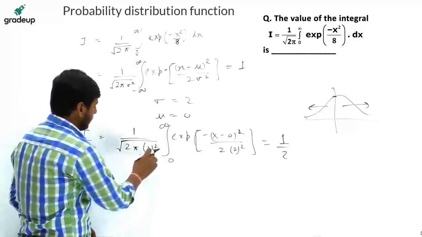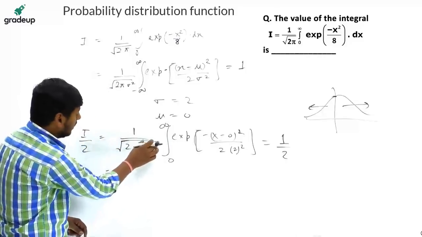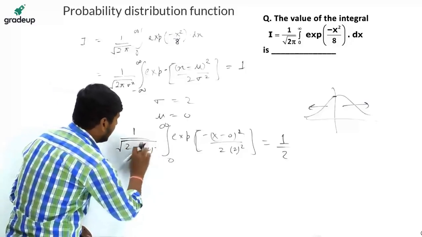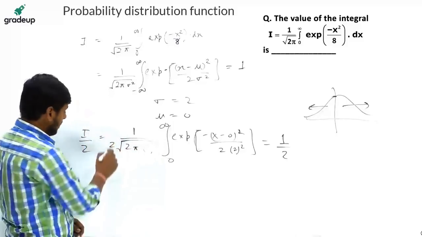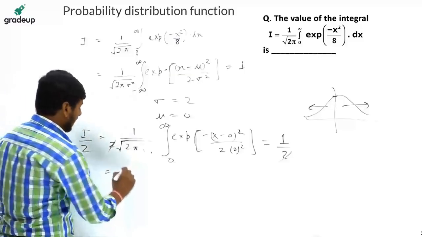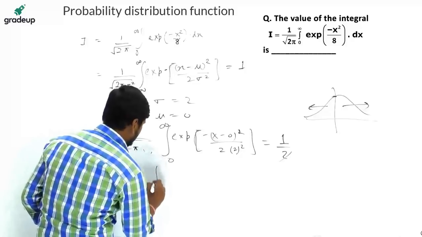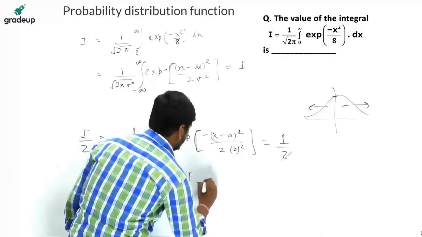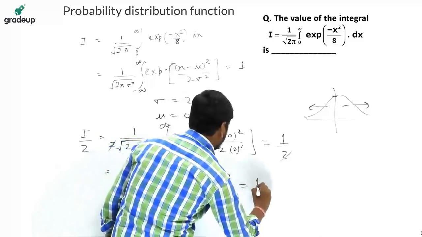Now this 2 square is in the under root, so this will become 2 outside. Now let's cut 2 with 2. We get 1 divided by under root 2 pi, 0 to infinite exponential minus x square divided by 8 is equal to 1.